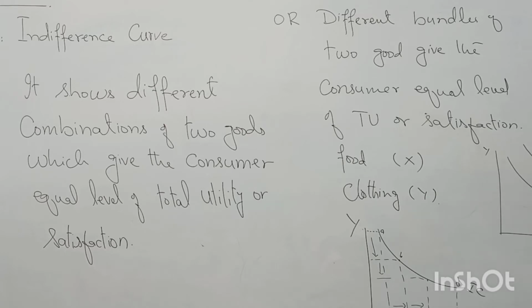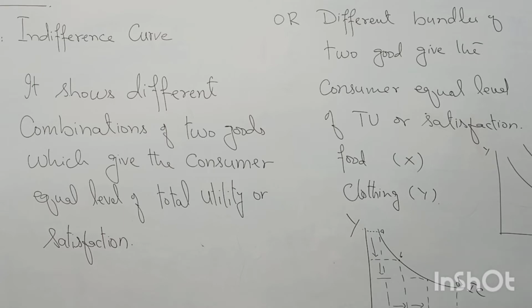Now, which one he is going to consume, or along which indifference curve the consumer will consume, that depends upon his affordability and the prices of the two goods, which we will study in the next topic of budget line. Right now, we are talking about consumer preferences. We are not talking about the affordability of the consumer.